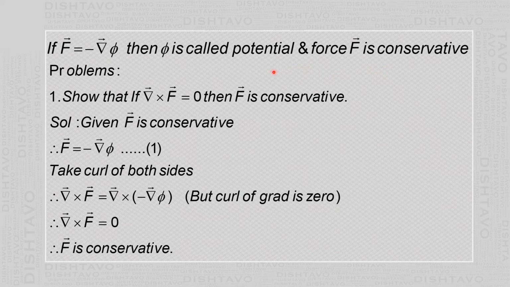Now we will find another condition for the force to be conservative. The force is conservative if the curl of that force is equal to 0, that is, vector del cross vector F equals 0. Then one can say that vector F is a conservative force.